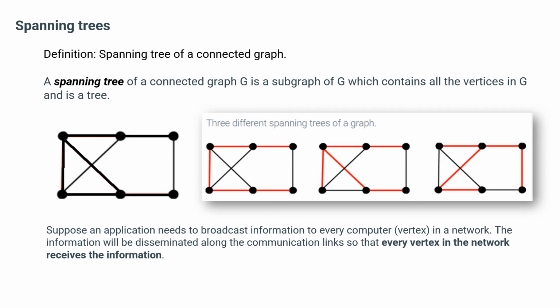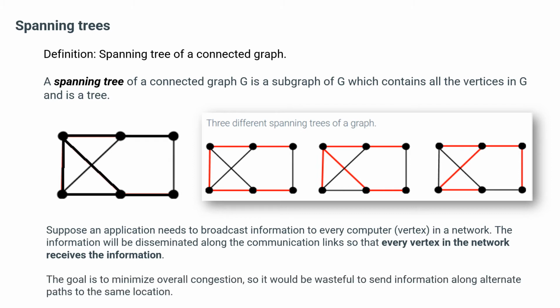Now, why wouldn't we just use the whole entire graph? Well, the goal would be to minimize overall congestion. So it'd be wasteful to have more than one path going from one computer to another.